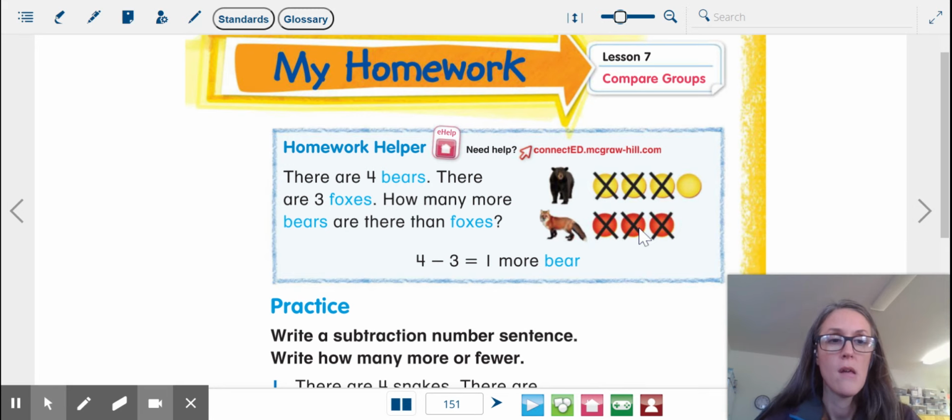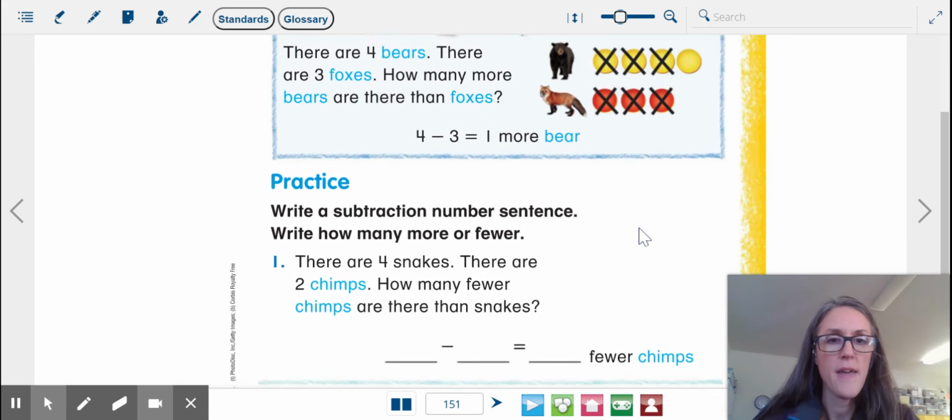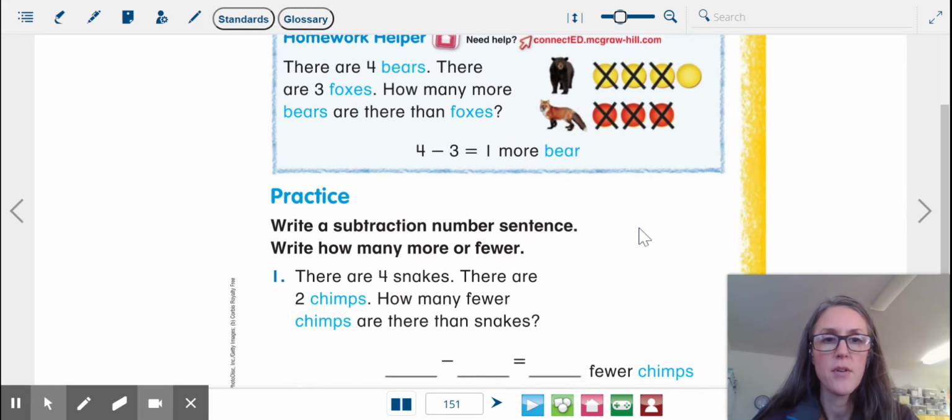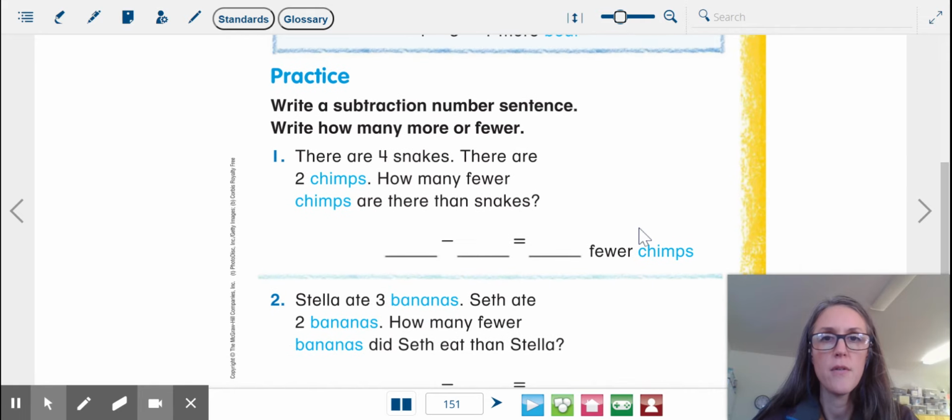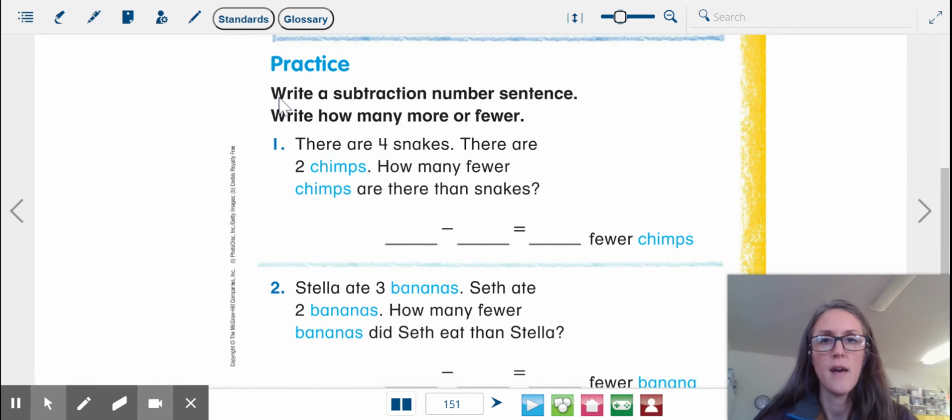Okay, so let's look at the way that these word problems look right here for you. Number 1, let's read the directions first. It says, write a subtraction number sentence. Write how many more or fewer. So we know that we're supposed to write some numbers in this number sentence here, and it's supposed to show how many more or fewer of one thing or another.